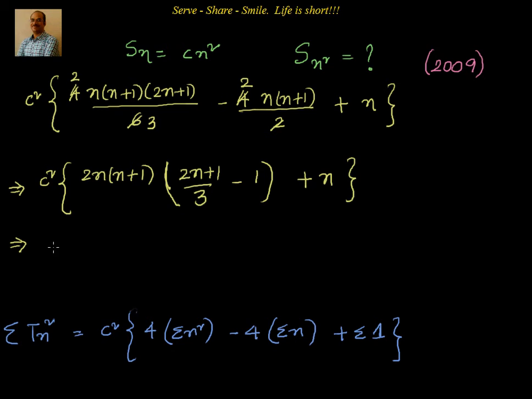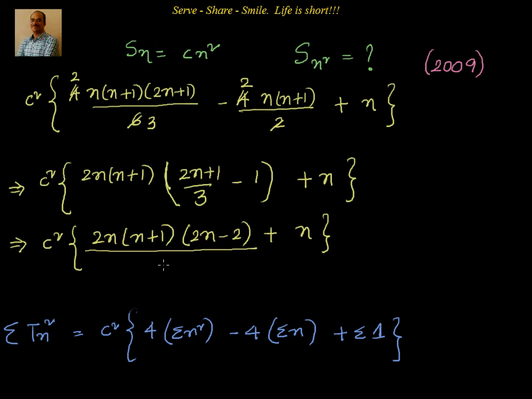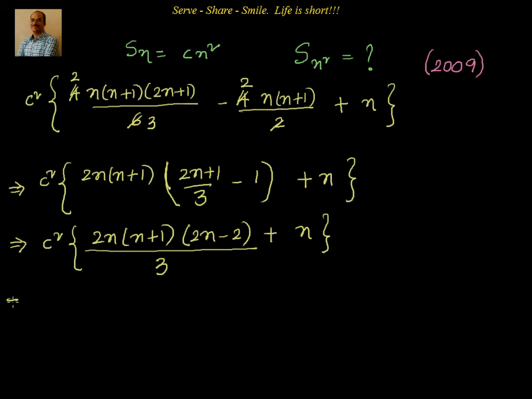We will get c square into 2n into n plus 1 into 2n minus 2, divided by 3, and I have to add n to it. Let's go to the next step. I take c square outside.